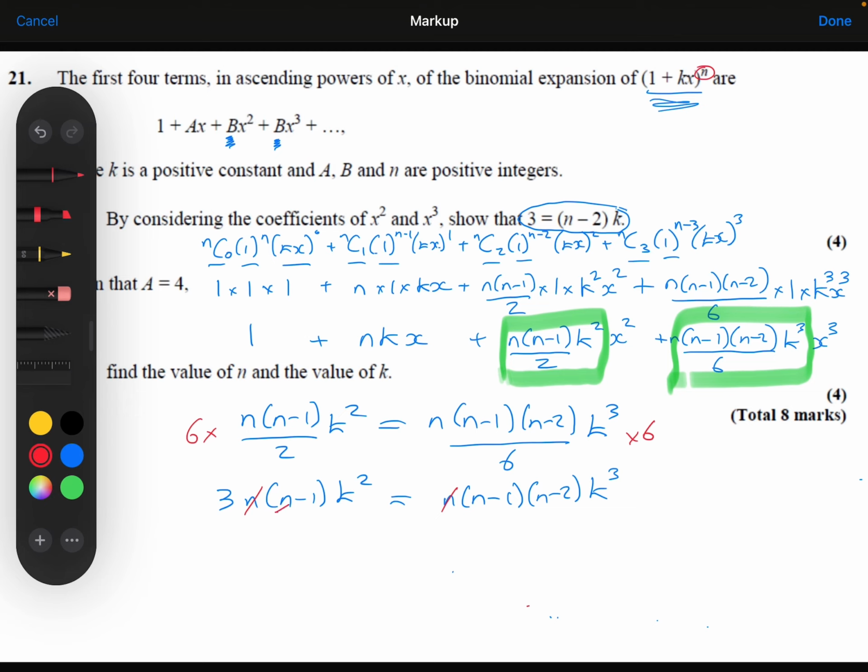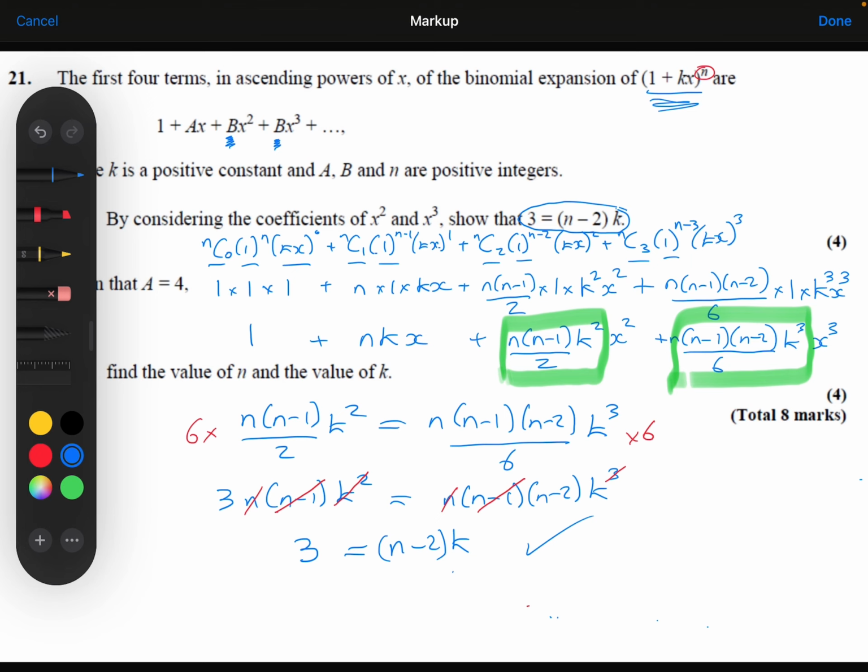Similarly, I can divide both sides by n−1, because that also can't equal 0. I can also divide both sides by k², because again that can't equal 0. So that leaves me with 3 = (n − 2)k, which is what we needed to show.